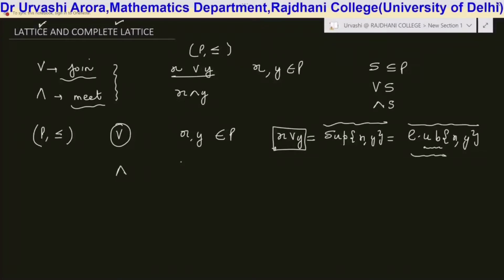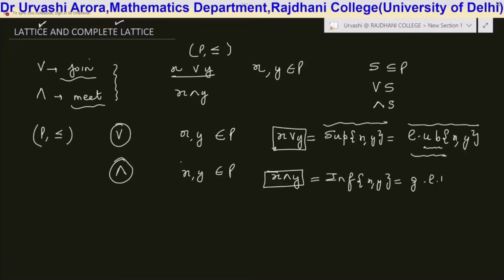Then coming to what we mean by this particular notation, the inverted V, which is read as the meet operation. Again, if X and Y are any two elements of the partially ordered set P, then X meet Y stands for the infimum of X and Y provided it exists, or the greatest lower bound of X and Y provided it exists.